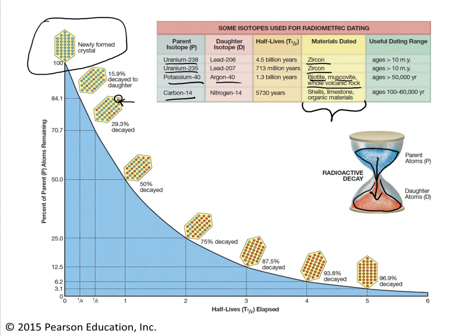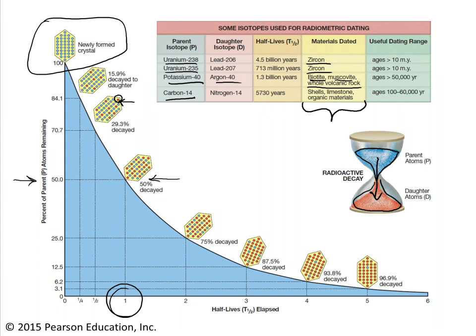The amount of time it takes for half of the parent to decay, in other words, 50% parent left and now 50% daughter, is referred to as one half-life. And the amount of time that a half-life takes depends on what isotope we're talking about, whether it's uranium-238 or uranium-235 or potassium-40 or carbon-14. They all have different half-lives.